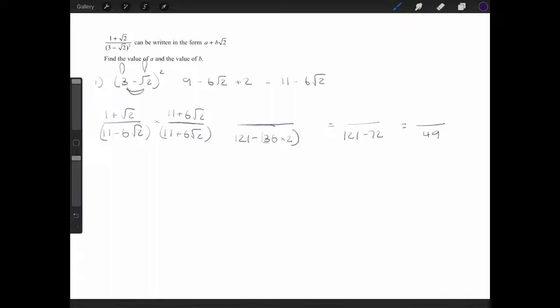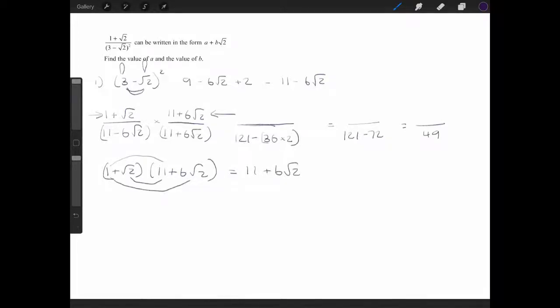Now I need to work on the numerators, okay? So I need to do 1 plus root 2 multiplied by 11 plus 6 root 2, okay? Now both of these are positive, which we just need to make sure we're aware of because the previous calculation had a positive and a negative. So the first I'm going to do is 1 times 11 is 11. Then 1 times 6 root 2 is 6 root 2.